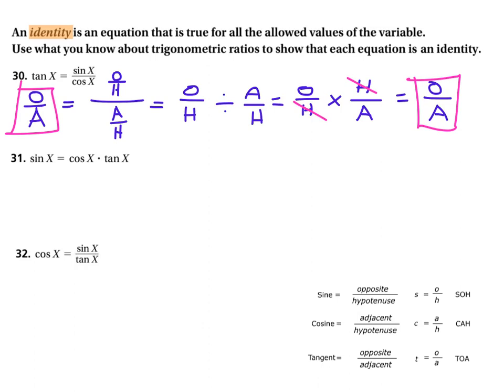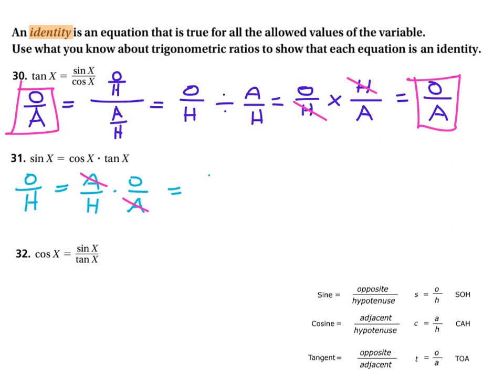But sine of x. Sine is just opposite over hypotenuse. So that equals cosine, adjacent over hypotenuse, times tangent, which is opposite over adjacent. And of course, as before, we can cancel out what's being multiplied together.